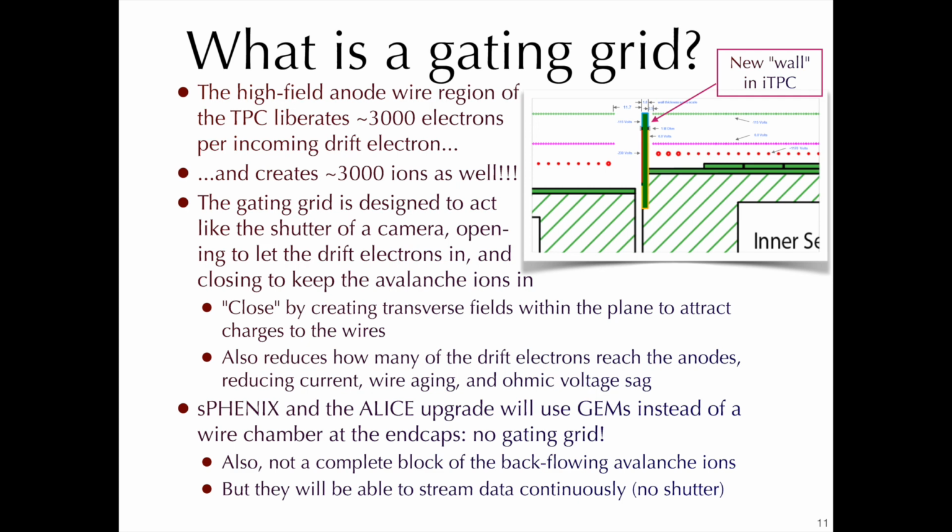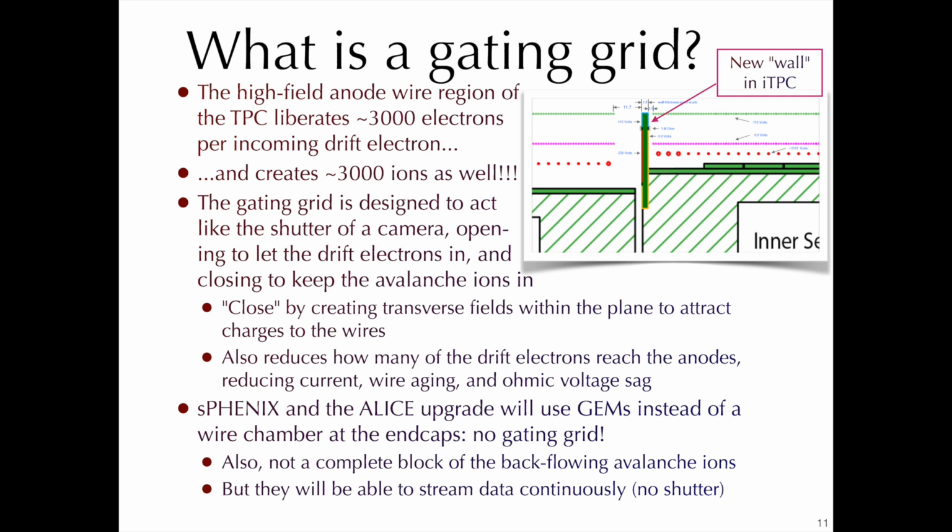So the wires from one do not match right up to the wires of the other, and there's actually a gap in those wires, and the new iTPC has a kind of a wall in this gap, and that's what I've pointed to there, but I'm not going to spend too much time talking about that wall at the moment. Later, if people have questions, we can come back to it. But the point is that you can see here what the planes of wires look like as viewed from the side in this drawing.